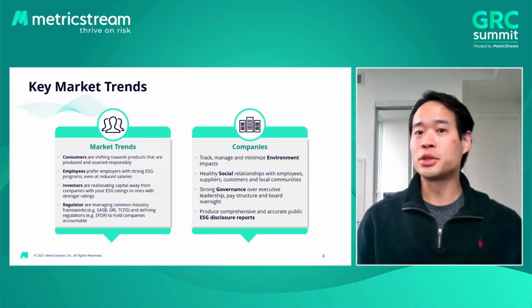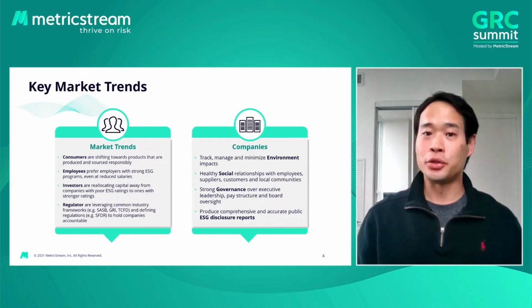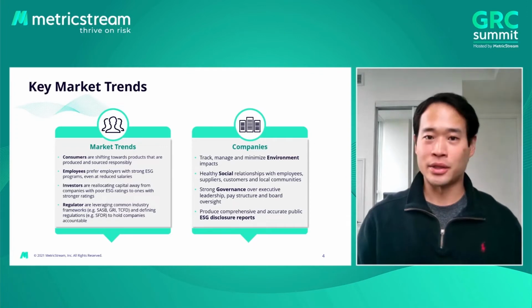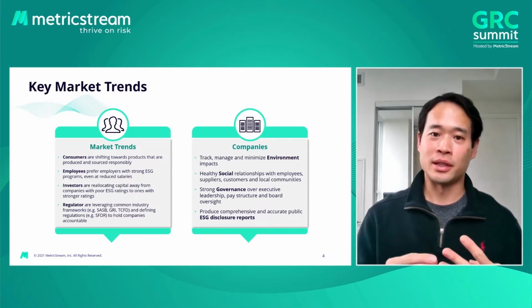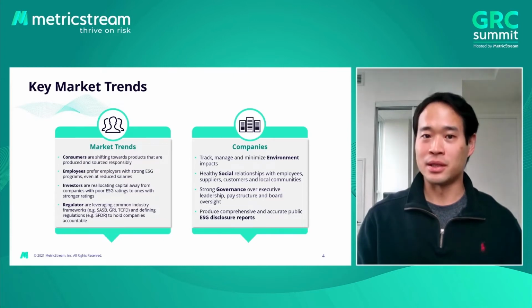And also from a social perspective, consumers are very heavily leaning towards companies that are doing all the right things with their employees, with the community that they operate in, and with having the right diversity and social programs within their company.